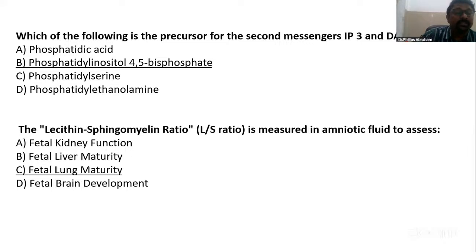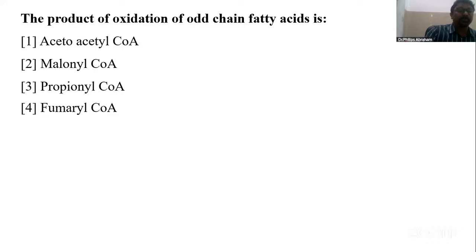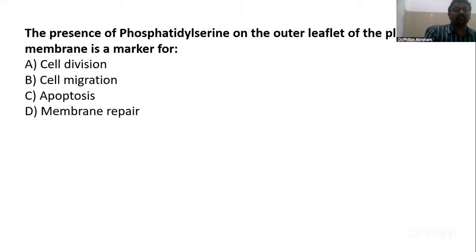That's all for our questions on phospholipid. One more I already said: the presence of phosphatidylserine on the outer leaflet of the plasma membrane is a marker of apoptosis. So a few questions are there on phospholipids.